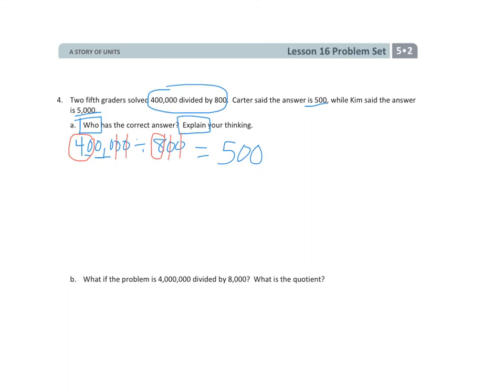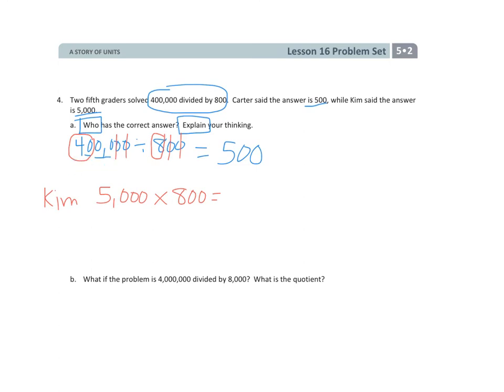If you worked backwards and took Kim's answer, I'm going to write Kim right here, and please write this down too. You're going to take Kim's answer, which is 5,000, and multiply that by 800. The question is, do you get 400,000?